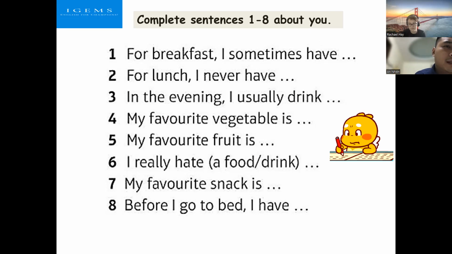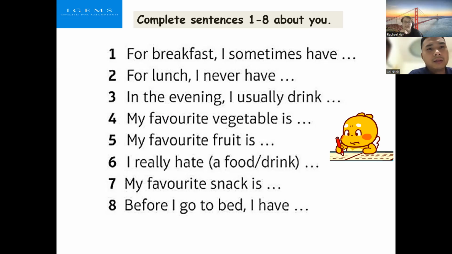For breakfast, I sometimes have some bread. Okay, some kind of a bread. A bread.